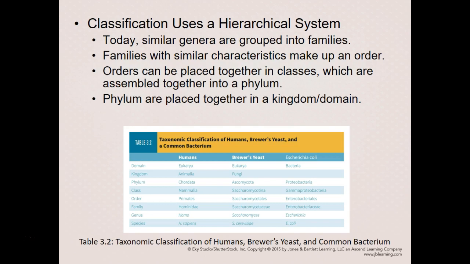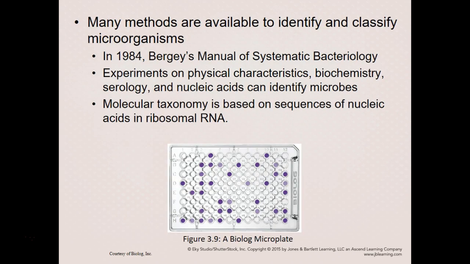Under bacteria, we don't have the kingdom. We have the domain, and then we go down to the phylum, class, order, family, genus, and species. There's a lot of mechanisms that we use to classify microorganisms.